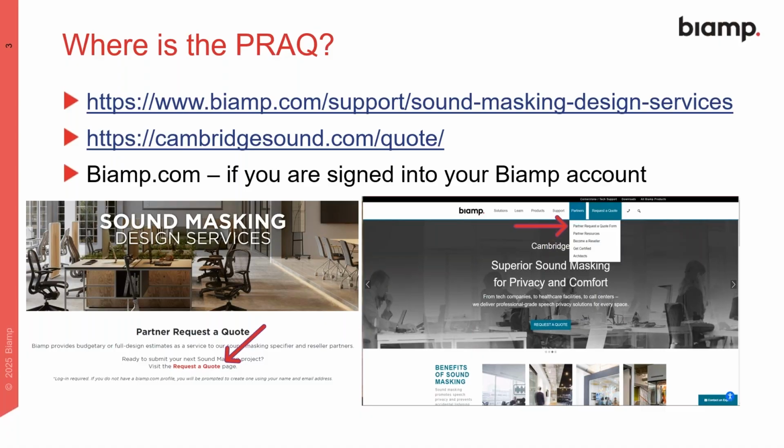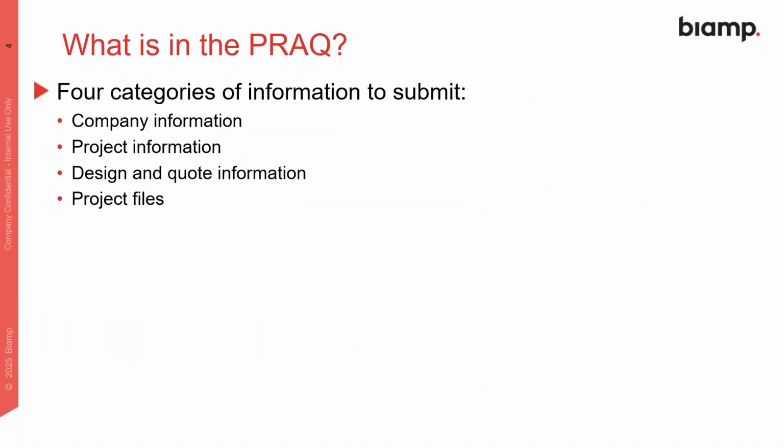So I'm going to go through what the PRAQ is from start to finish. There are 4 categories to fully submit a request into my team's department. And those 4 categories are your company information, your project information, anything that we need to know to get you a design and quote, and any project files that we can review ourselves or in conjunction with you to keep your project moving forward.